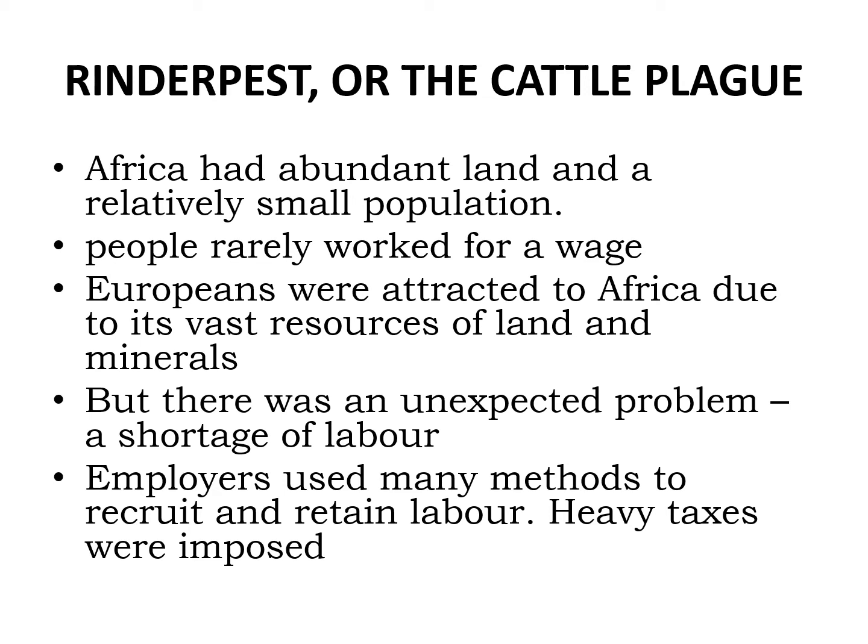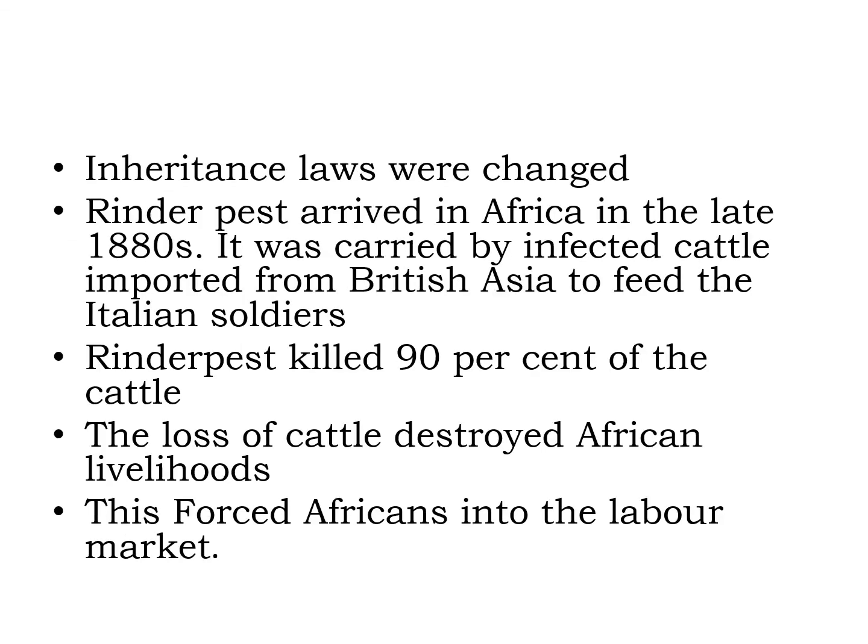They introduced heavy taxes to get labor. In Africa, Europeans introduced laws of inheritance, and finally in the 1880s, Rinderpest arrived in Africa. It was carried by infected cattle imported from British Asia to feed the Italian soldiers. Rinderpest killed 90% of the cattle in Africa.